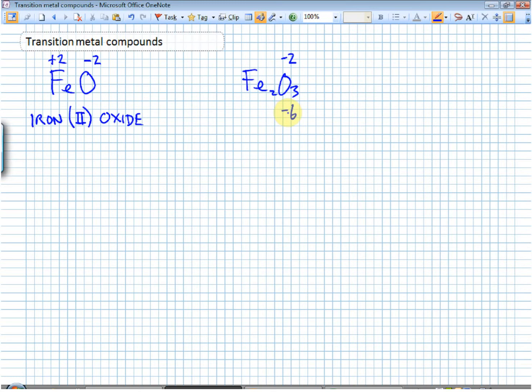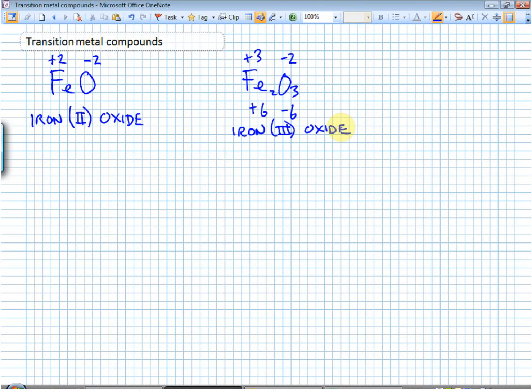They're being balanced by 2 irons. I know the compounds have to be neutral, so I know those 2 irons have to be giving a +6 total charge, and therefore each iron must be, I bet you guessed it already, +3. Therefore, you can probably figure out this compound is going to be called iron(III) oxide, where the Roman numeral 3 refers to the charge on the iron.